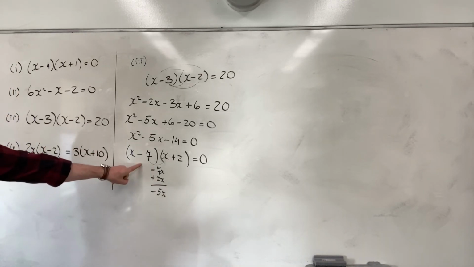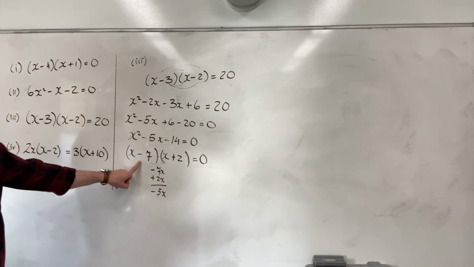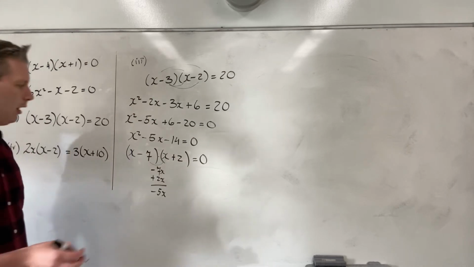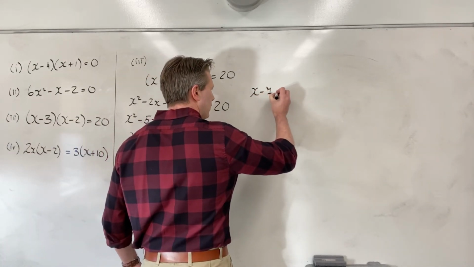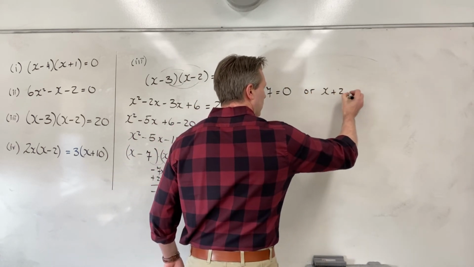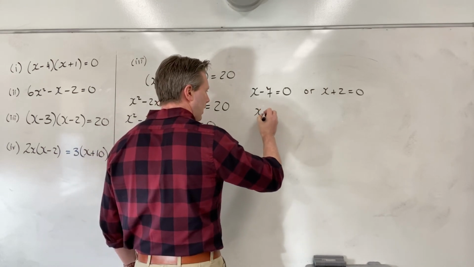And so now I do what I have done before. This quantity x minus 7 times this quantity x plus 2 is equal to 0. It follows that x minus 7 is equal to 0, or x plus 2 is equal to 0. If x minus 7 is equal to 0, then x is equal to 7.